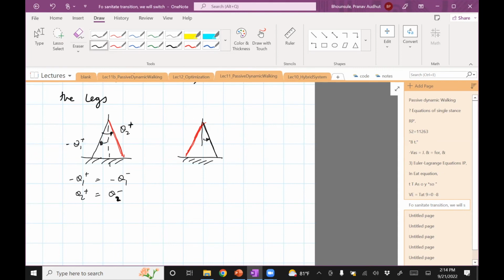Okay, my convention is that this angle is positive and this angle is negative, because it's clockwise.